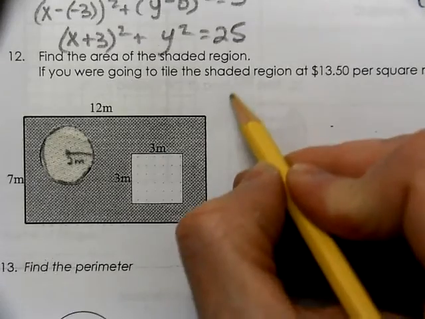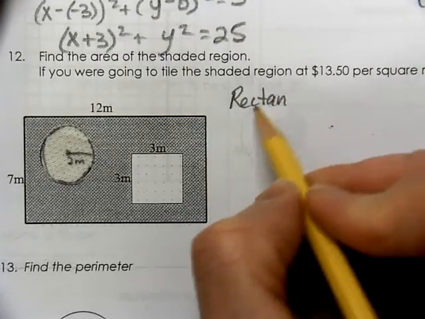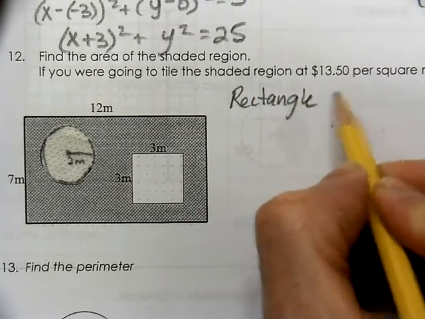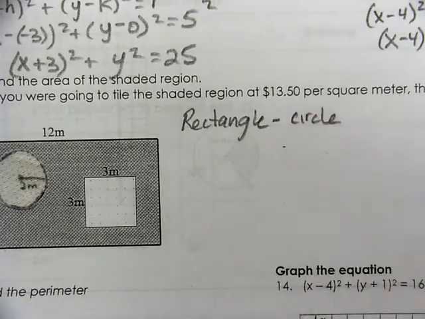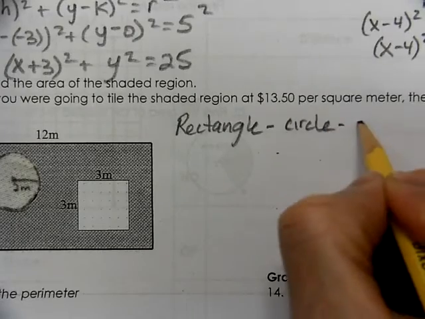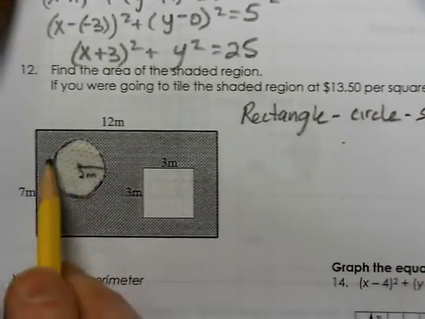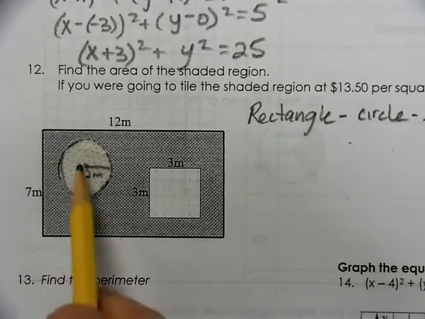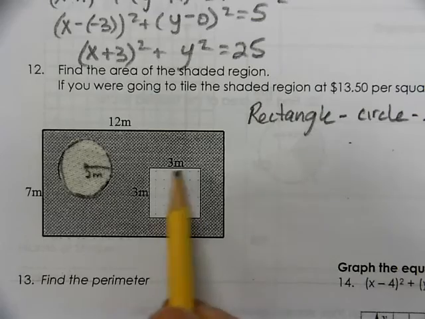So we're going to take the rectangle minus the area of the circle, minus the square. The rectangle is the whole thing, but we don't want to count the circle area and we don't want to count the square area.